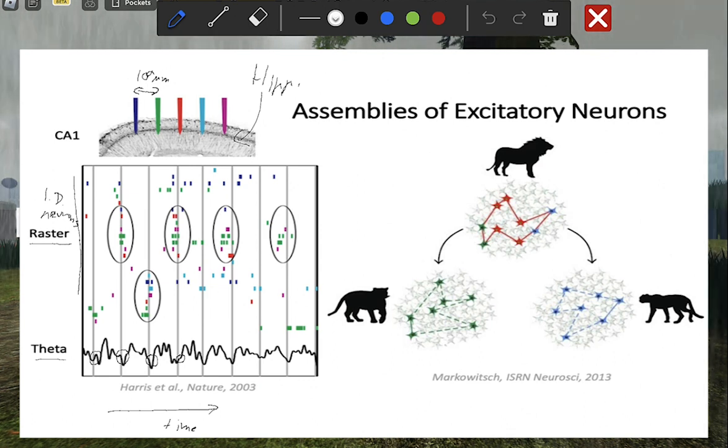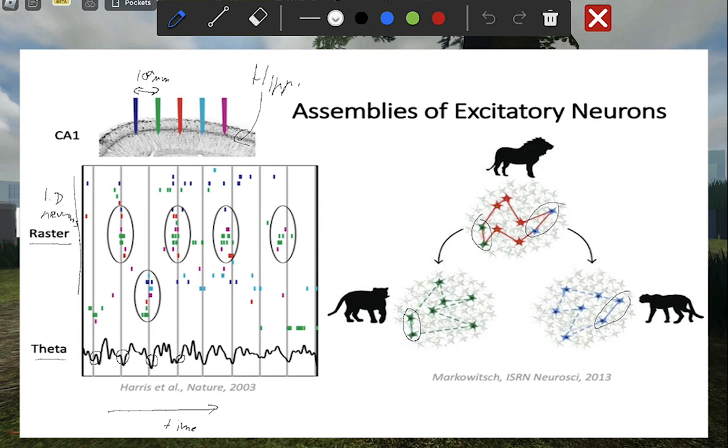For the lion, it might share these green neurons with the tiger and these blue neurons with the leopard stimulus, and it'll also have some which are on its own. And to be fair to the tiger and the lion, I think they're similar, so probably they would have some similar neurons too, but that's not shown in this picture.